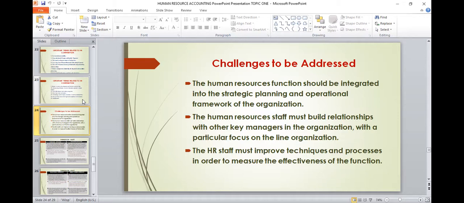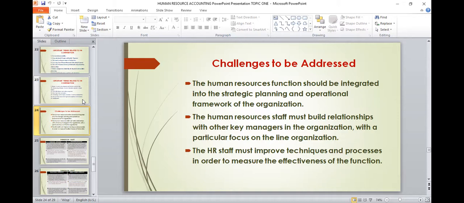So if we detach ourselves from them, if we keep it to ourselves, then we'll not be able to get all this information. So we must ensure we have a working relationship with the line managers in order for us to be able to understand the product, to get the knowledge of what customers feel, what areas customers need to be improved. Then we must make sure that we build a relationship with them.